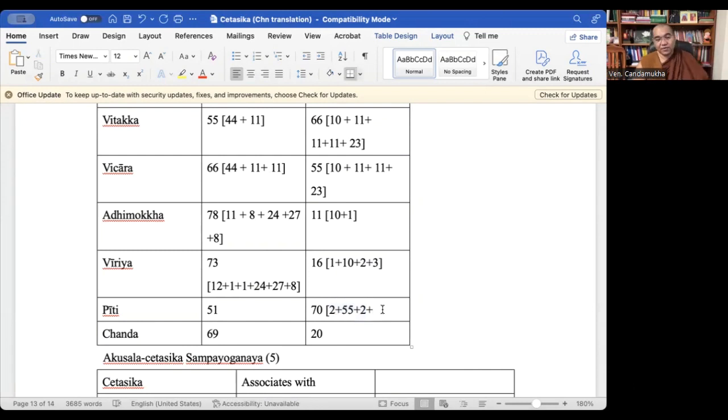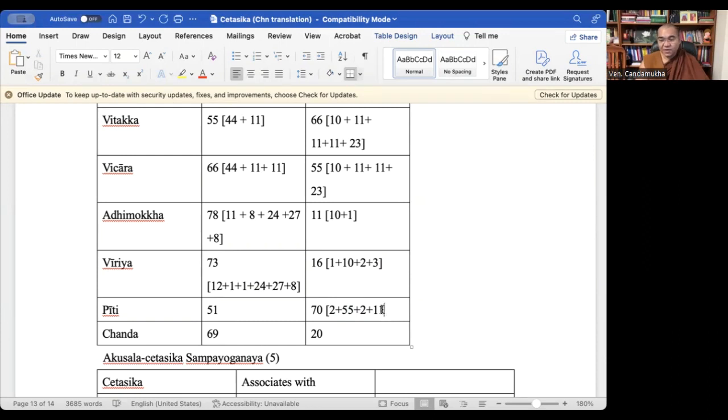And then another one is the fourth jhana 11. During the fourth jhana, what we need to abandon is PD.